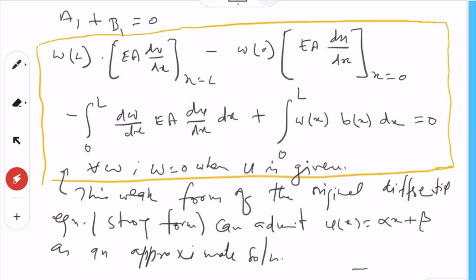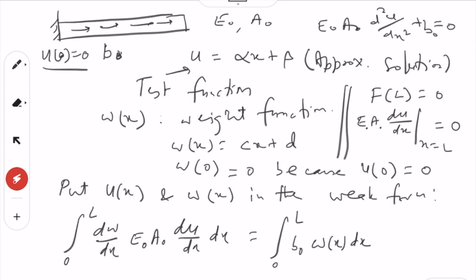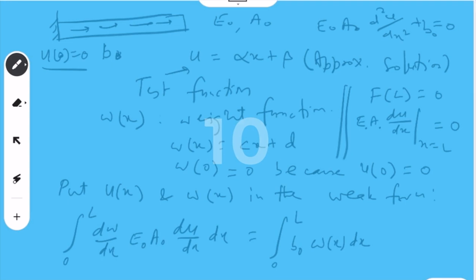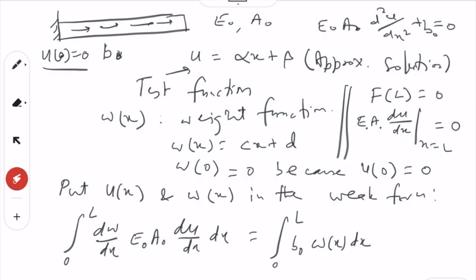We know that u equal to alpha x plus beta and w(x) equal to Cx plus D. We can write the integral from 0 to L of dw/dx, which is simply C, then E naught A naught, and then du/dx, which is nothing but alpha, just alpha.